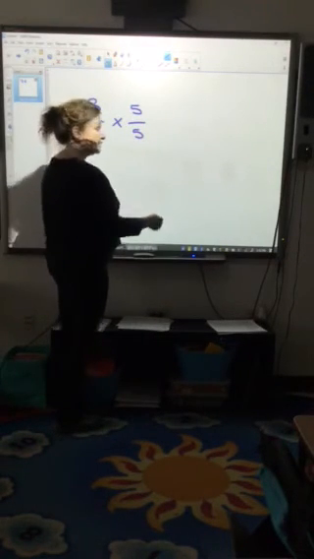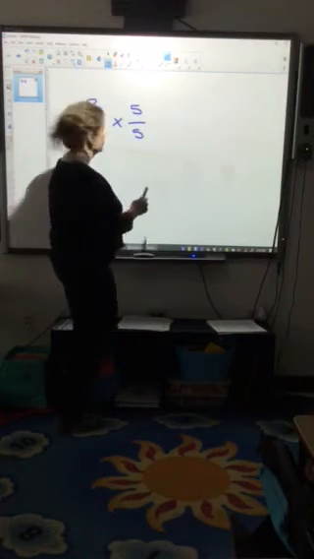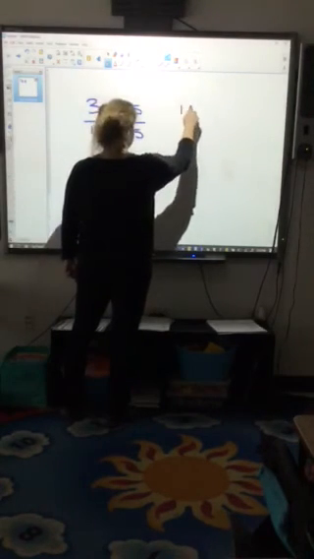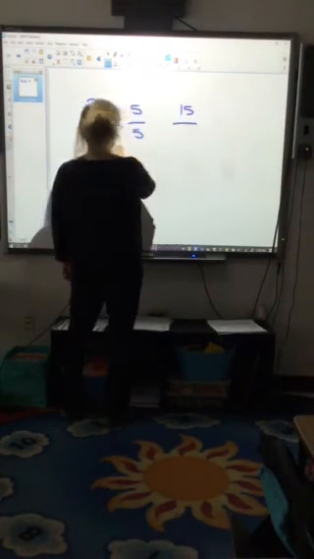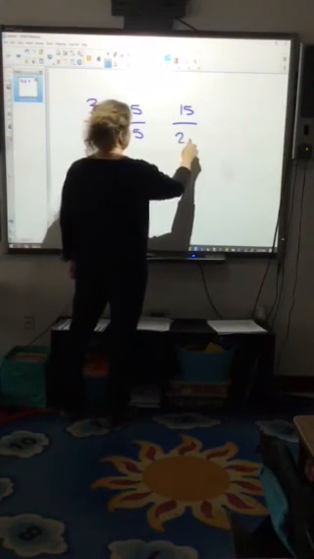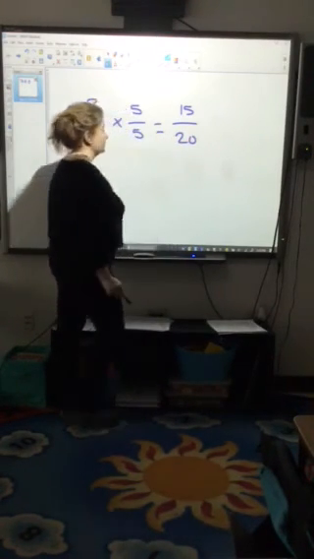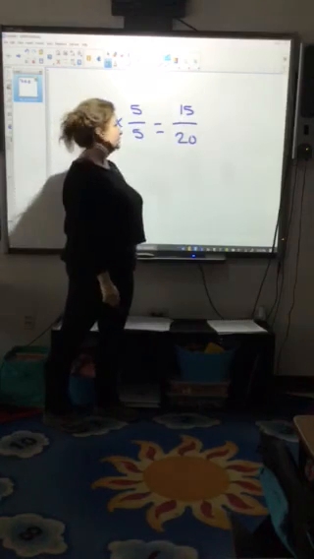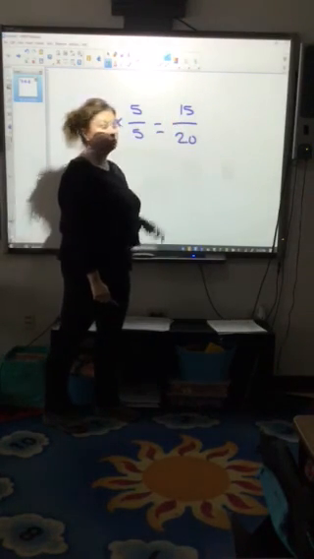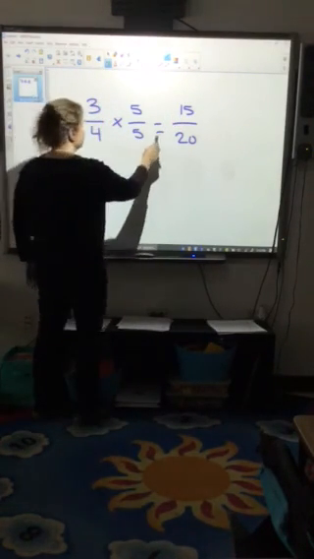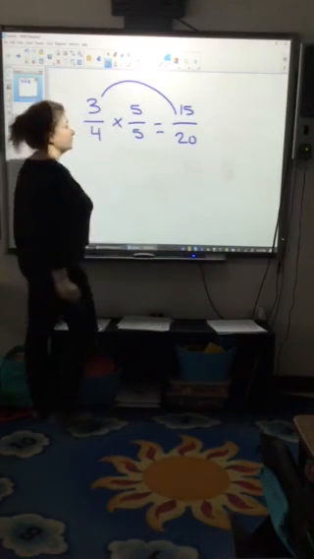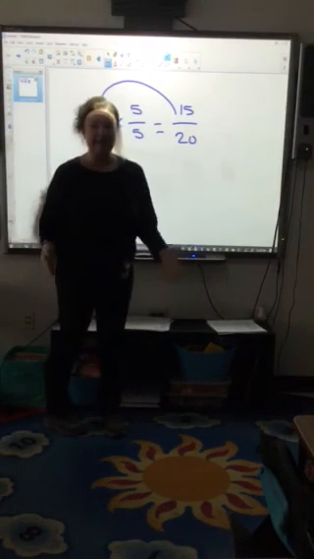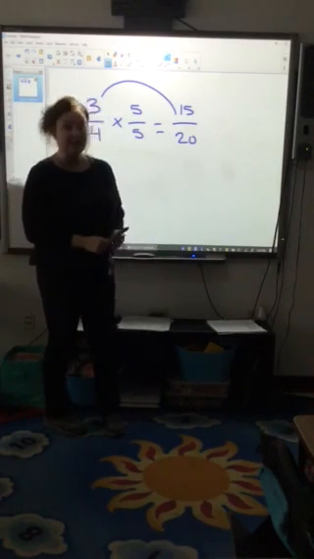Anytime you have 5 out of 5, you have 1 whole. So 3 times 5 equals 15. 4 times 5 equals 20. So I have generated the fraction 15/20. 15/20 is equal to 3/4. It's the same as generating fractions.